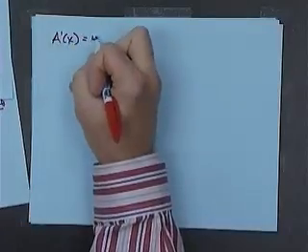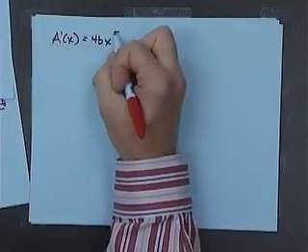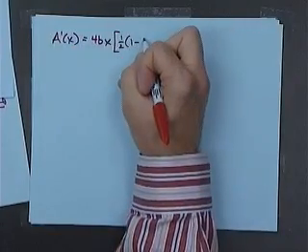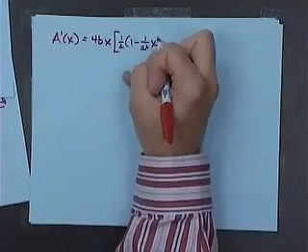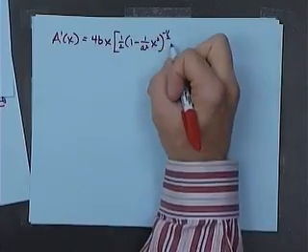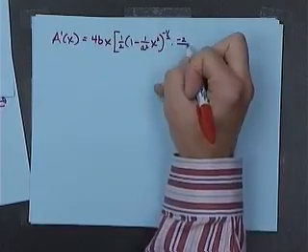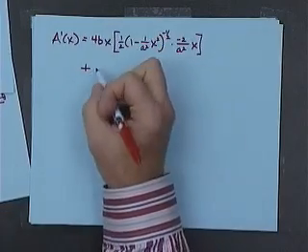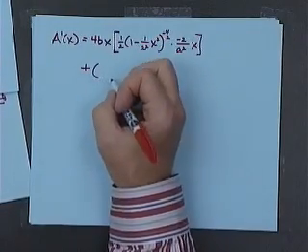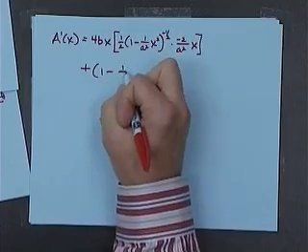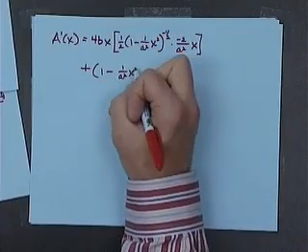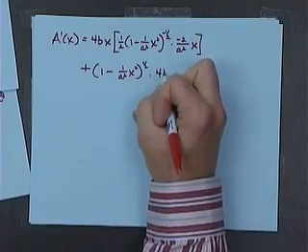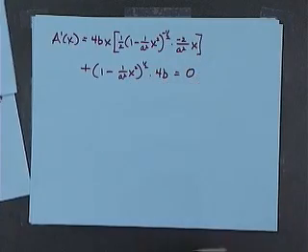All right, so what do we have? First times derivative of second plus second times derivative of first equals 0.